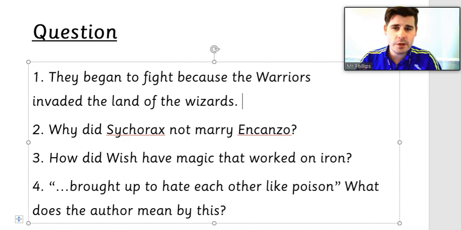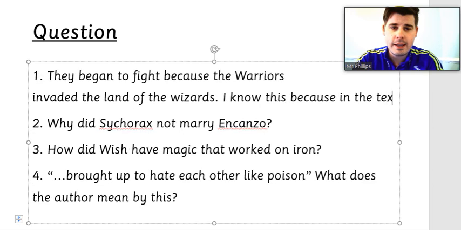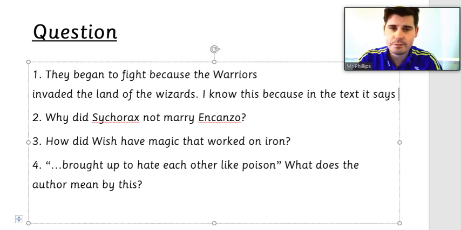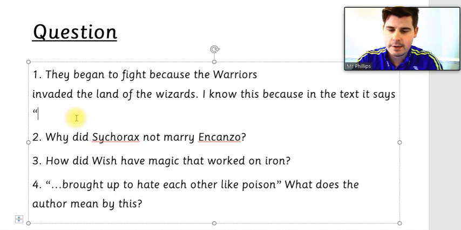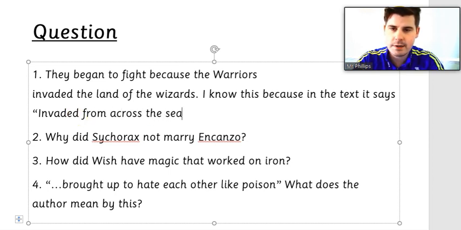If I was going to put a quote on to support this, I would say, I know this because in the text it says that, I'll put my speech marks, capital letter, invaded from across the sea.